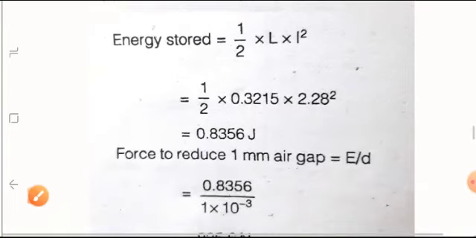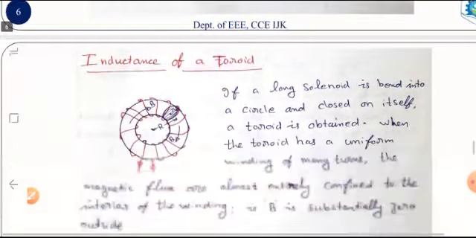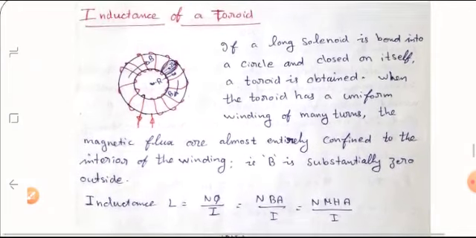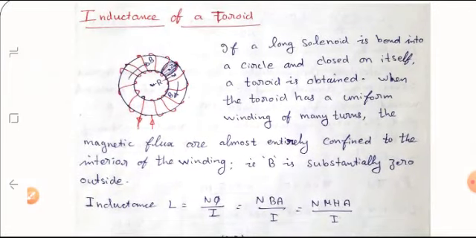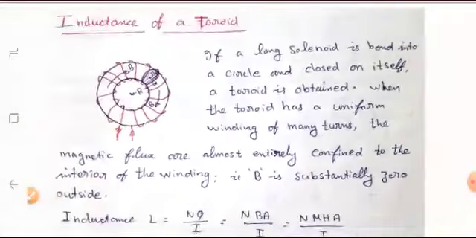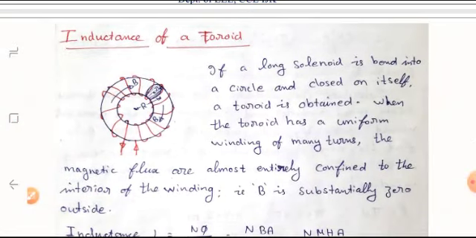Now let us see the inductance of toroid. Once we understand the inductance of solenoid, then it is very easy to understand the inductance of toroid, because a long solenoid bent into a circle and closed on itself is a toroid.